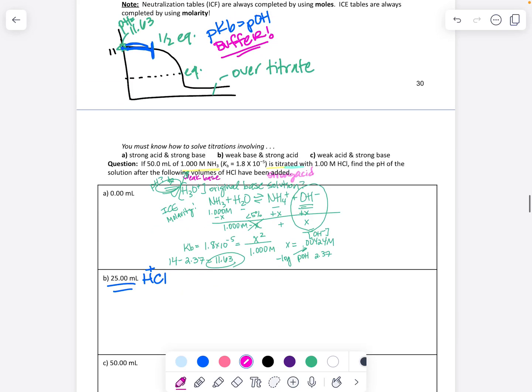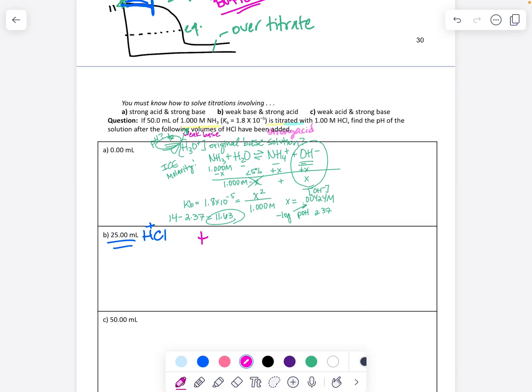In order to figure out how much was neutralized, I want to write the neutralization reaction. So I have HCl plus my weak base, which is NH3. In this case, I write a forward arrow only because I am neutralizing that base. And when I neutralize it, I make NH4Cl and HOH, which is water.